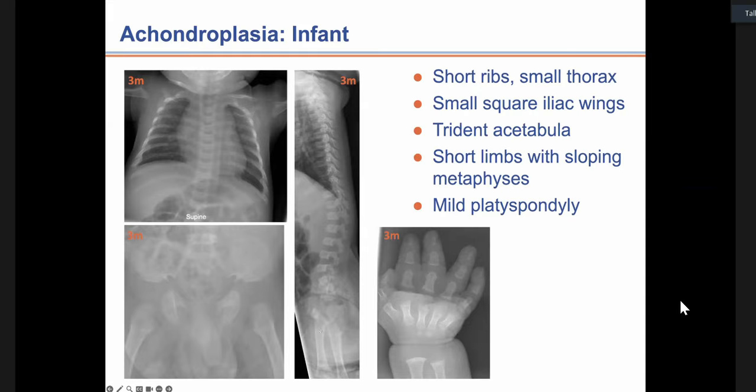Now, see the lateral, this is not a good lateral spine where you can see almost to the knees, but it is helpful where we can see the sloping metaphyses on the lateral view, which is what gives us this ice cream scoop appearance. So those are the features that you would see in an infant with achondroplasia.